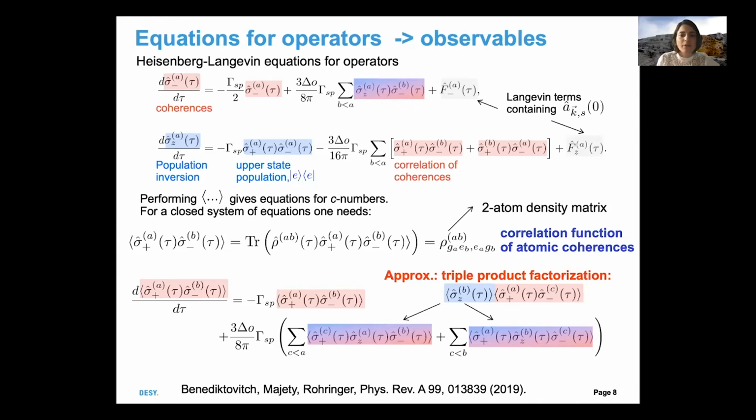So in order to do that, what we need to do is to calculate the mean values of certain correlation functions of the system. So for instance, we are looking into an equation of motion of the correlation function that measures the coherences of atoms at different points in space. So this quantity is the coherence of atom A correlated to the coherence of atom B at the same point in time.